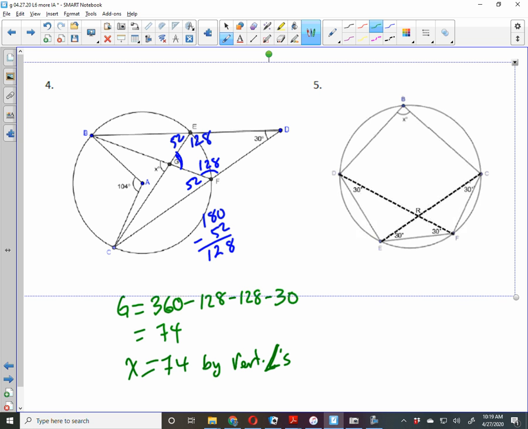All right, number 5. Let's take a quick look at that. We're going to have to do some thinking on this one, in that I have multiple intercepted arcs, which are 30 degrees. I know then, this is kind of interesting. This may be easier than we think. that this is 120. This is 120. I don't know if that makes a difference.